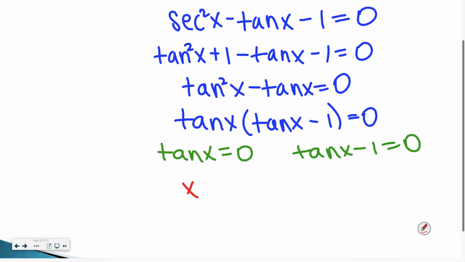Where's the tangent equal to 0 at? Pi, 0, pi. So I'm going to write 0 plus pi n. If you write pi plus pi n, it means the same thing.